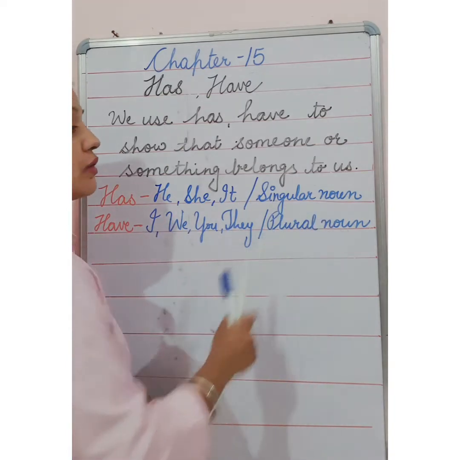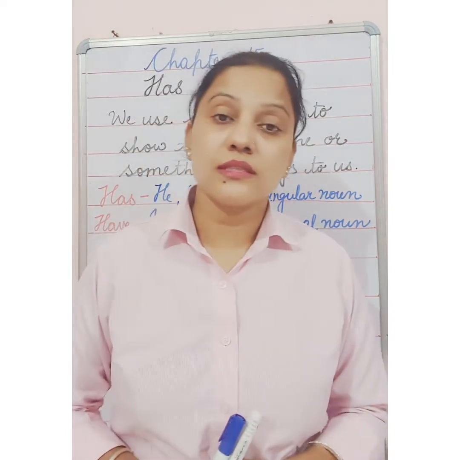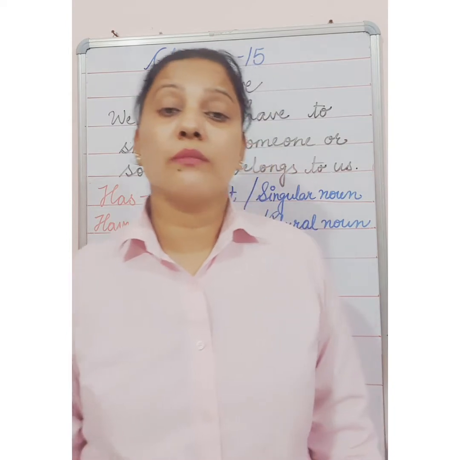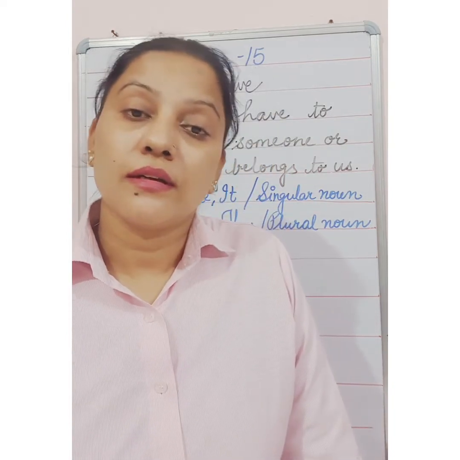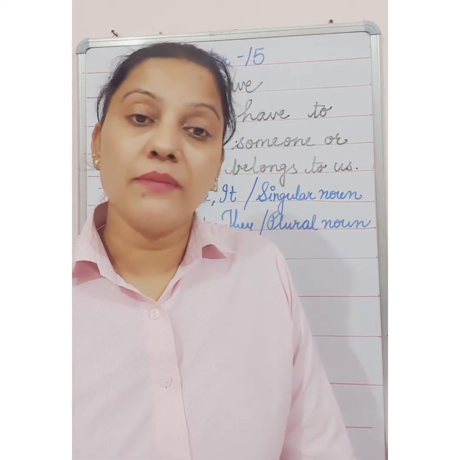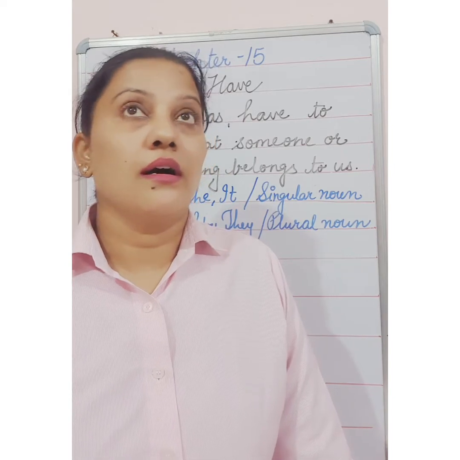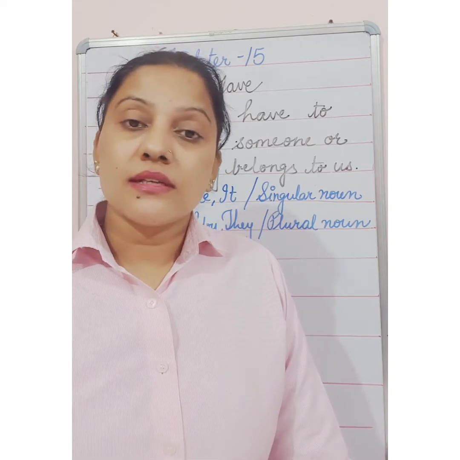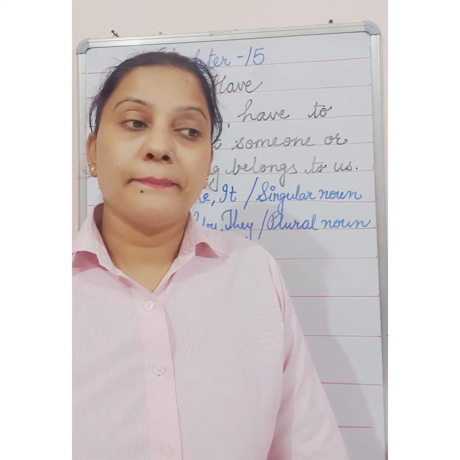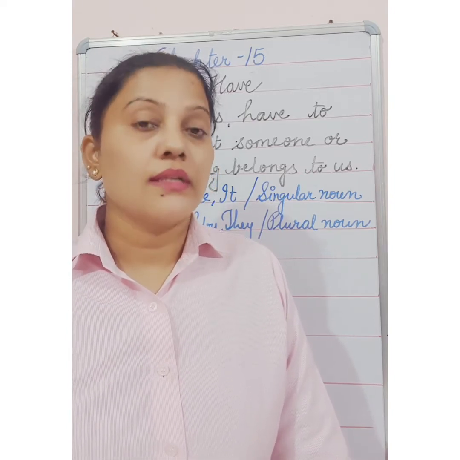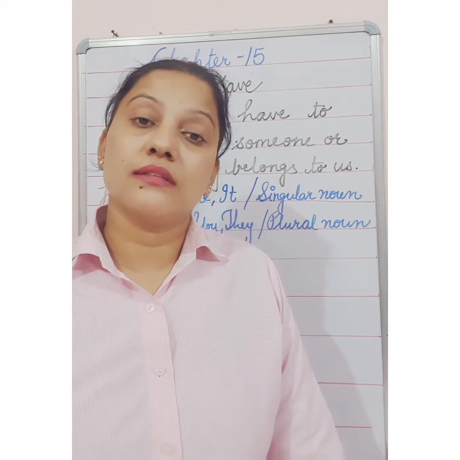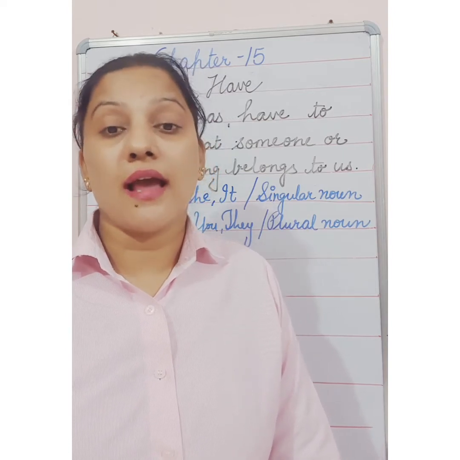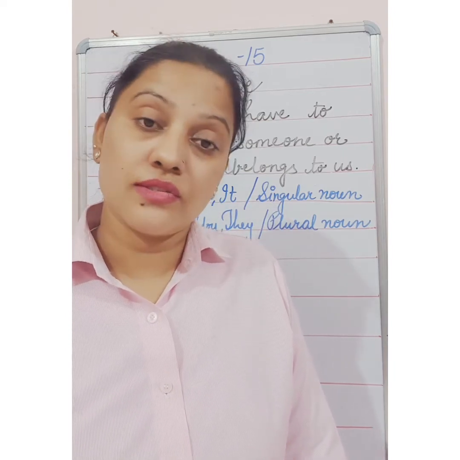And with a plural noun. Plural noun means when we are talking about many things, many persons. Like, children have finished their work. Children have done their work. Children have eaten their lunch.